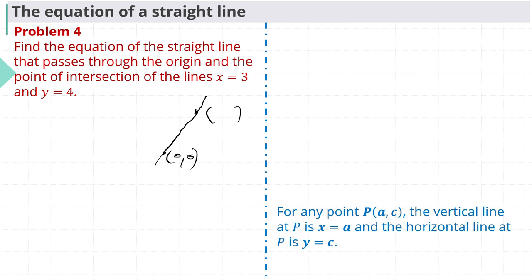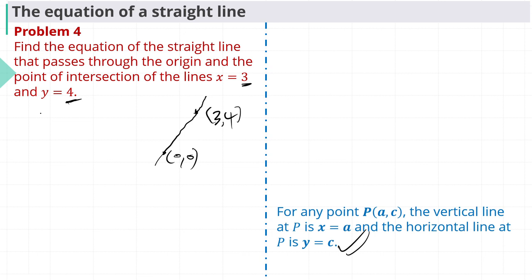Making use of the information here, it tells us that the other coordinate through which the line passes is (3, 4).